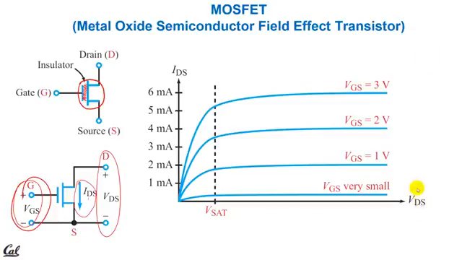So here's VDS on X, here's IDS on Y. And because we can change VGS, we get a different curve for different VGSs. So by setting VGS to a certain voltage, we get a different IDS versus VDS curve. We're controlling the IV characteristics of that box.